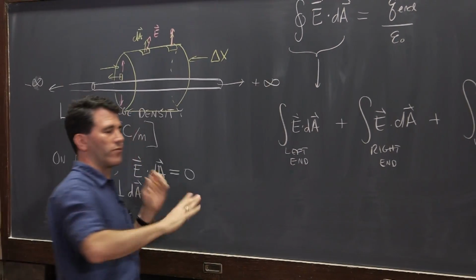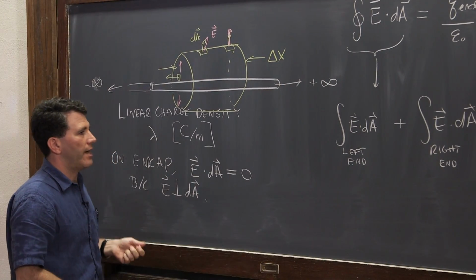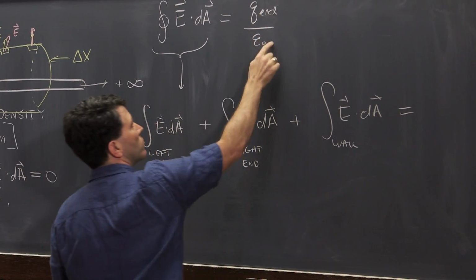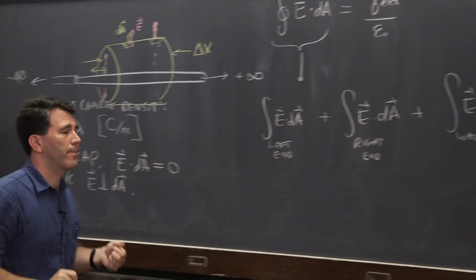That's our full integral over the closed surface. And I just told you that that has to end up equaling the enclosed charge divided by epsilon naught.